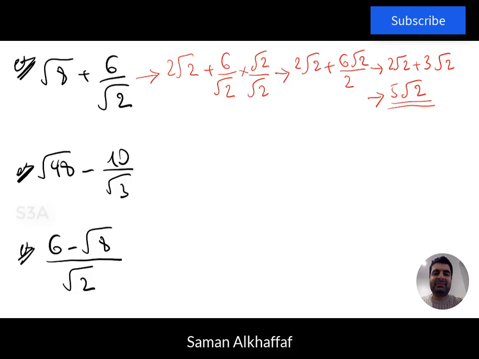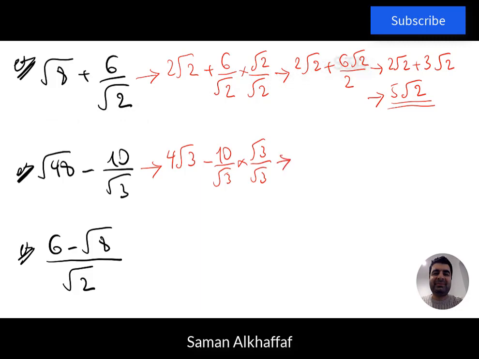In this example, we have root of 48 take away 10 over root 3. So the root of 48 will give us 4 root 3. Take away 10 over root 3, which will be multiplied by the conjugate, root 3 over root 3.